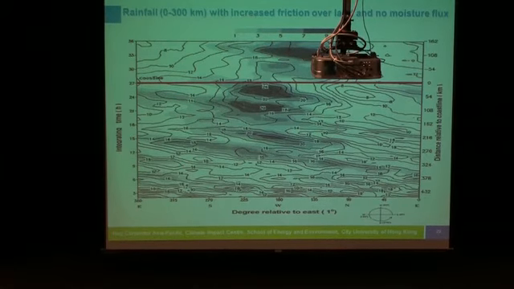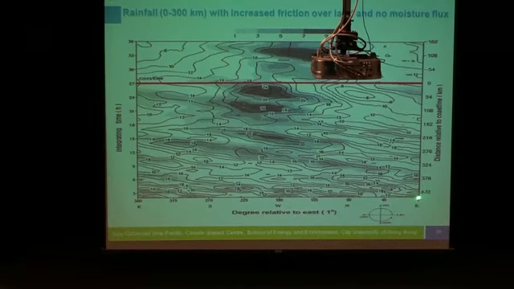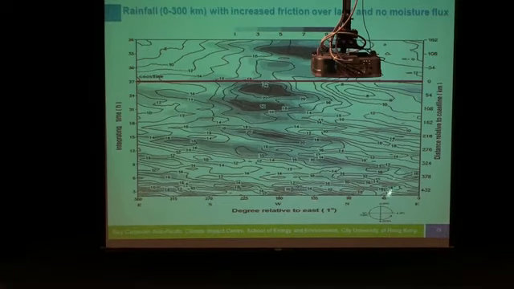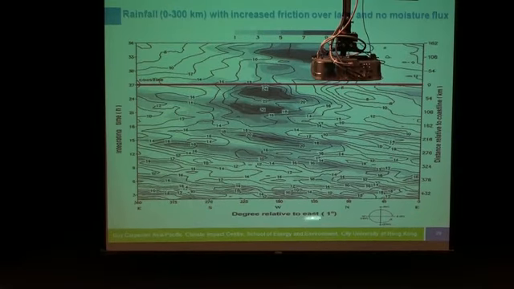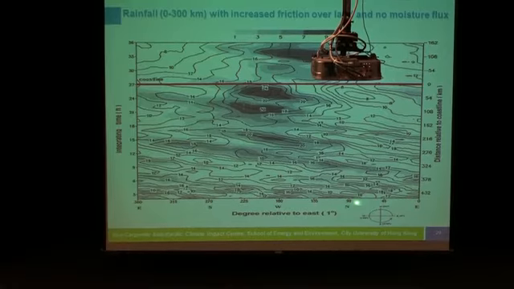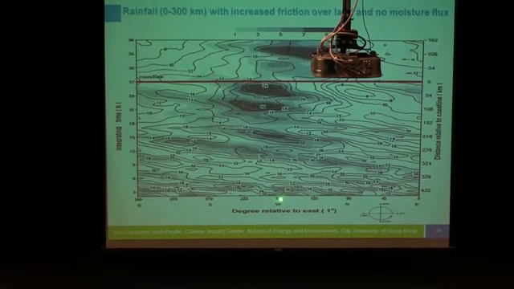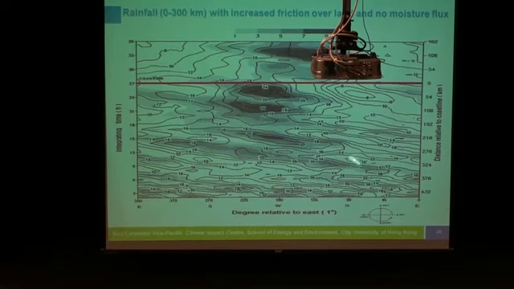And this is another modeling study that we've done before. The storm is moving from east to west, and so you unwrap the storm like that: this is north, this is west, this is south, and you go around here.